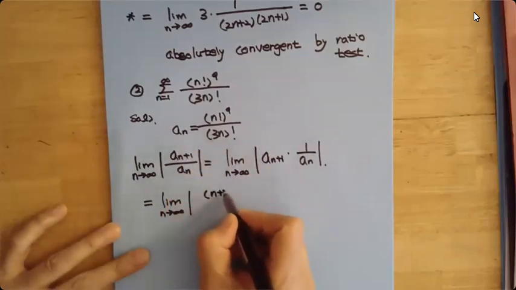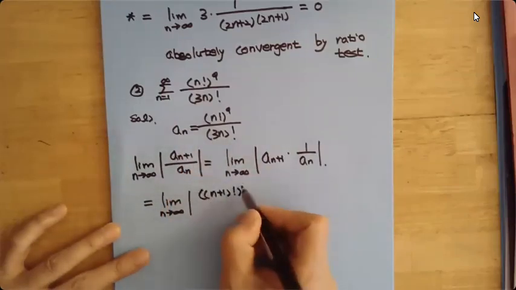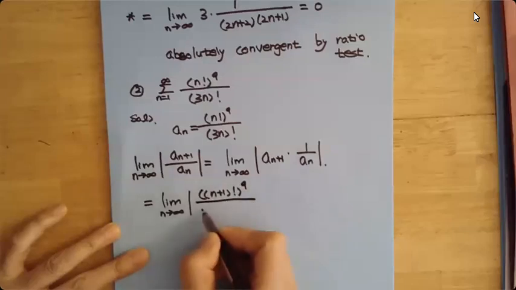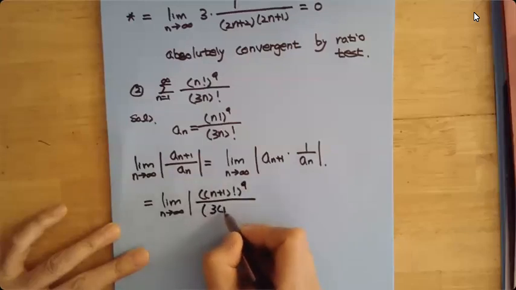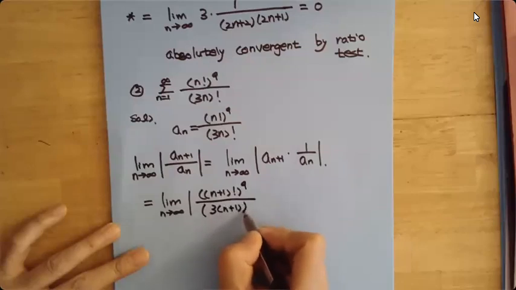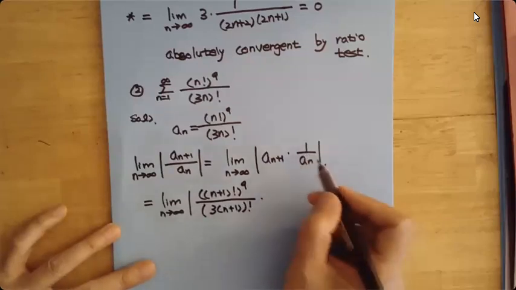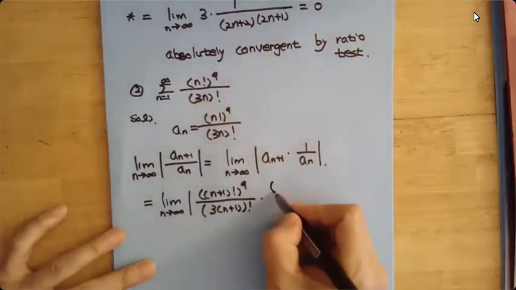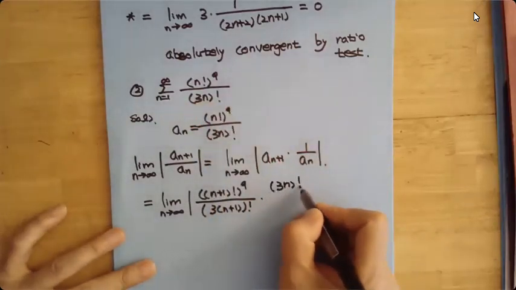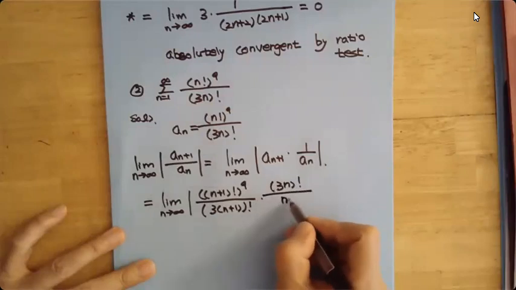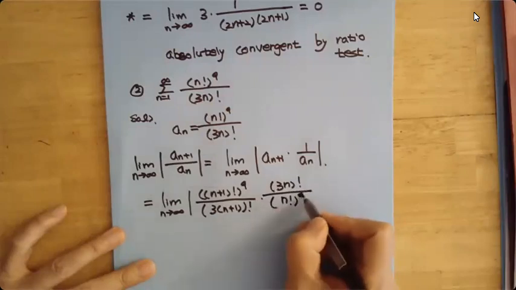So n plus 1 factorial to the 9th power over 3 times n plus 1 factorial, times 1 over a_n, so we flip it: 3n factorial over n factorial to the 9th power.